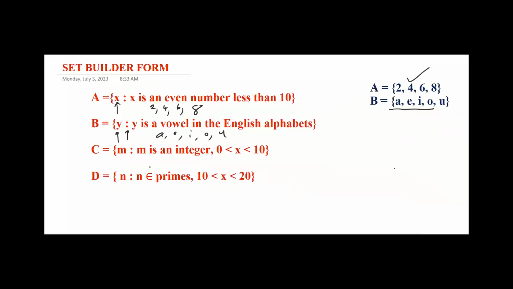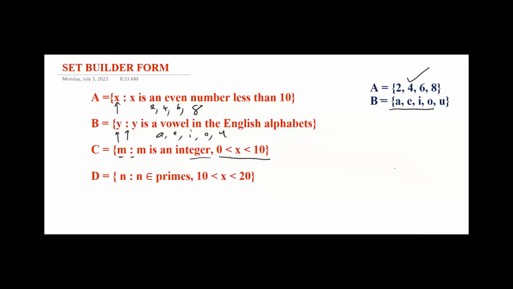So we have 2 more here. We have set C. Set C is all the values of m such that m is an integer. So this is the first condition. We are going to have the set of integers here, but we have the second condition, where x is greater than 0 but less than 10.